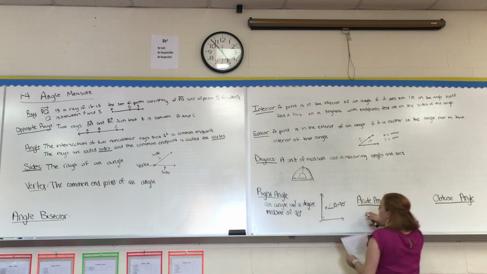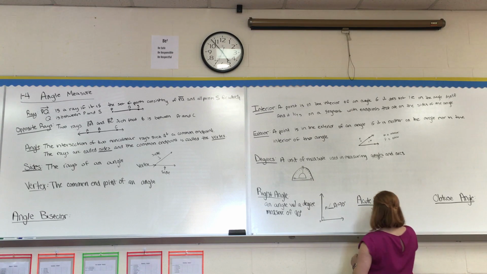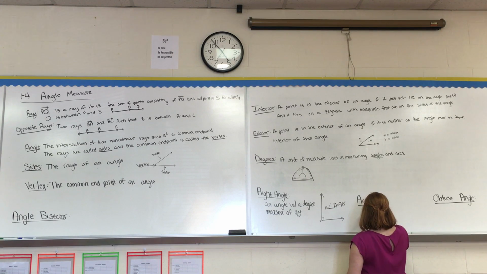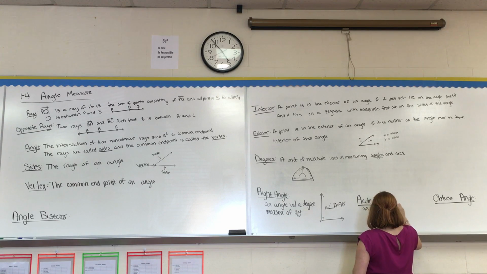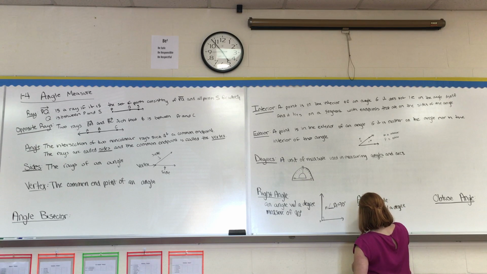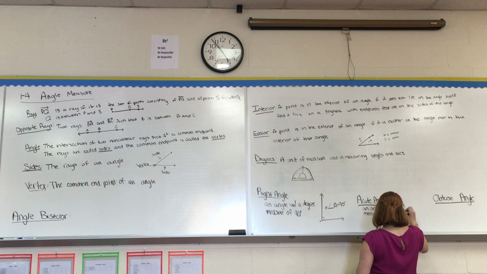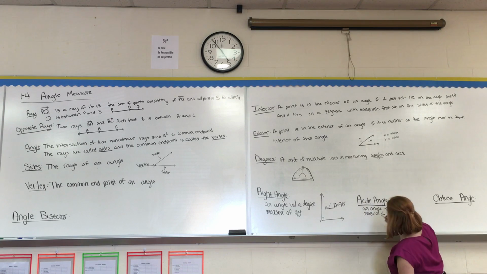Okay, an acute angle is an angle with a degree measure less than 90. So an acute angle is an example up there.